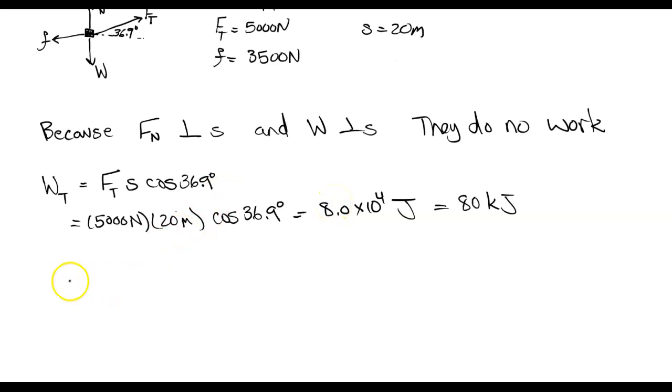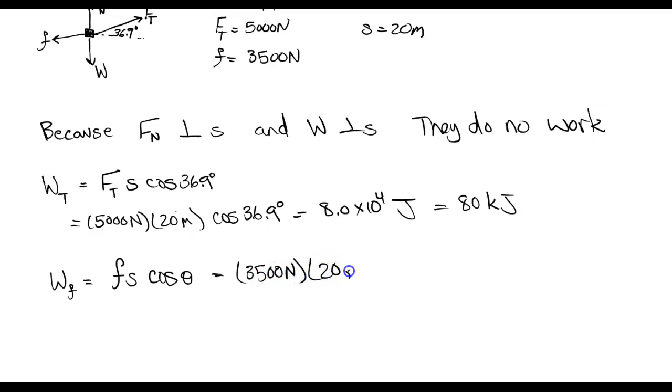And if we look at the force of friction, the work done by the force of friction would be the magnitude of the force of friction times the displacement times the cosine of the angle between them. We're told that the force of friction is 3,500 newtons.